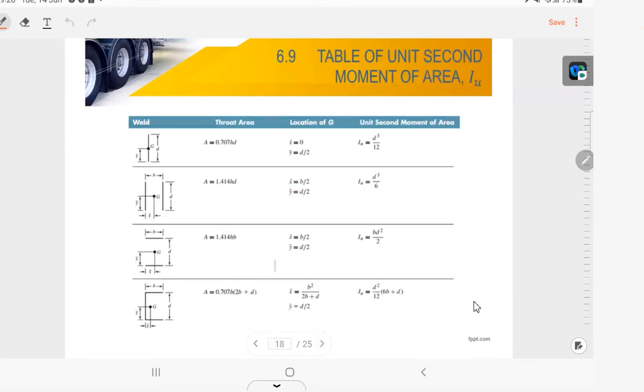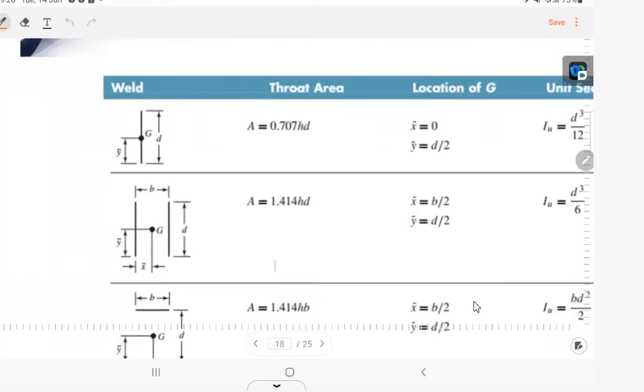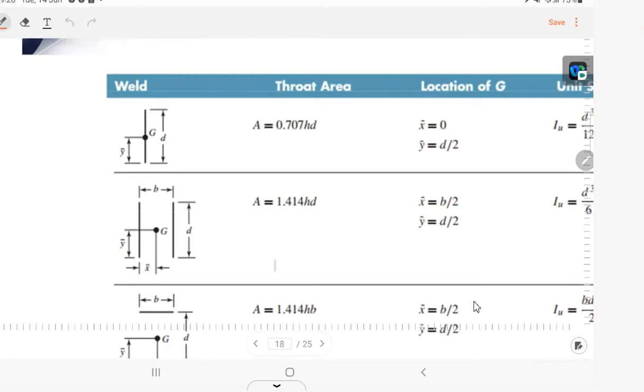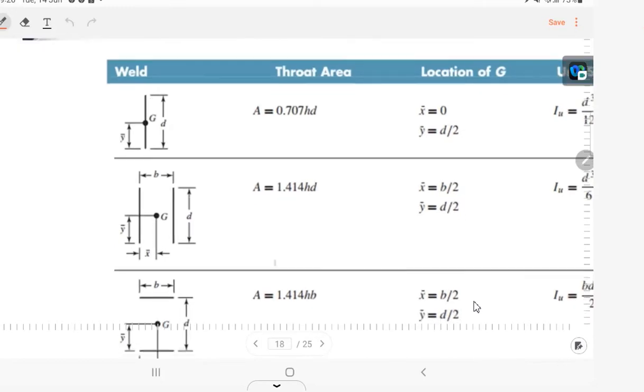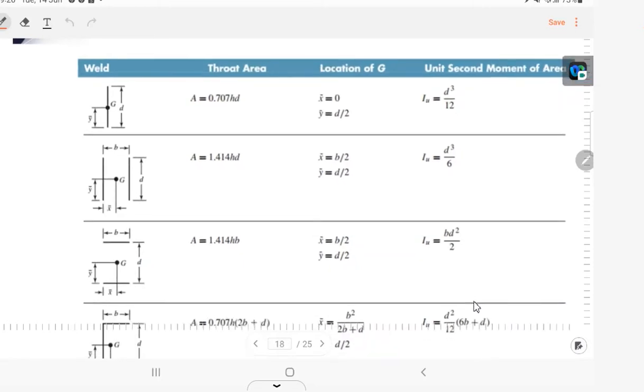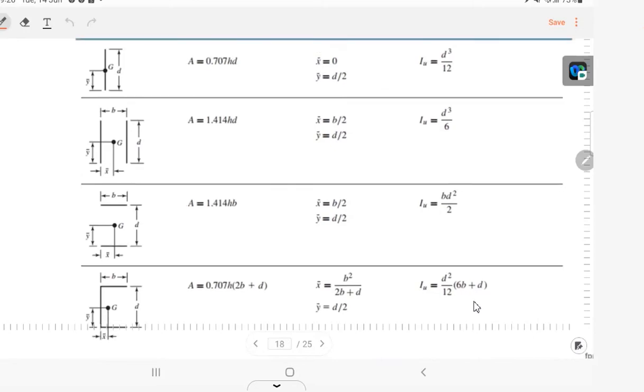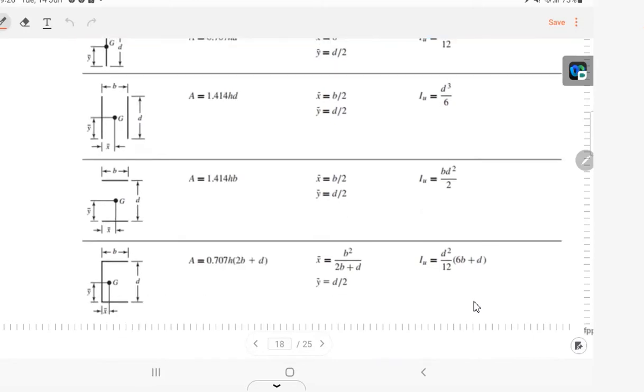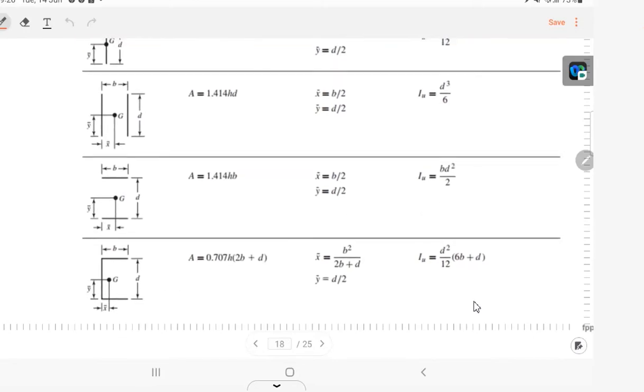But for the welding, we just have been simplified based on the welding types, okay, the welding area, even the centroid also being calculated. So you could just use the formula to get the centroid.